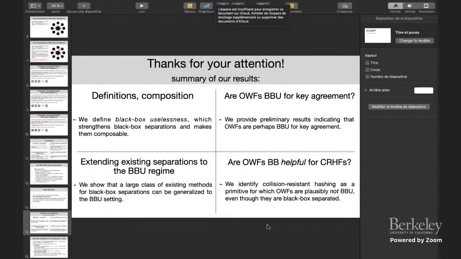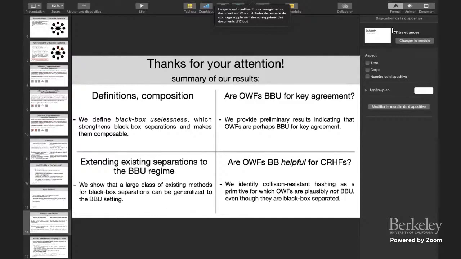Just a very quick clarification for me. Does the interpretation of a black box useless result mean that, if I want to construct something, I shouldn't even consider this primitive at all? Is it kind of strictly stronger? Not really. It might still help you in a non-black box way. Like one-way functions together with I/O give you public key cryptography.